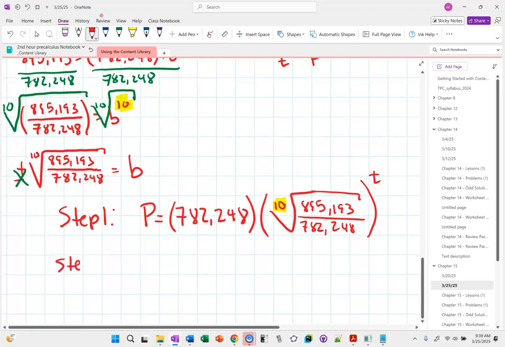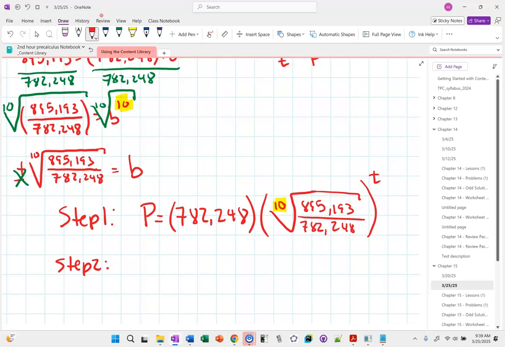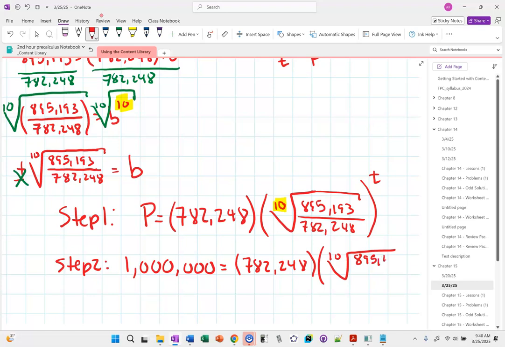So for step 2 then, it asks us to find the time when the population is going to be 1 million. So we're going to solve this equation, right?